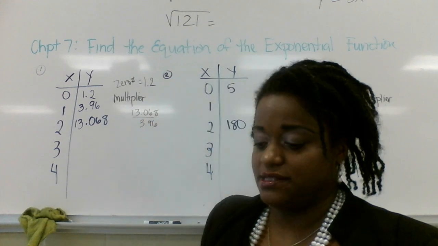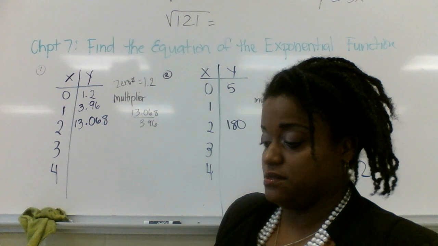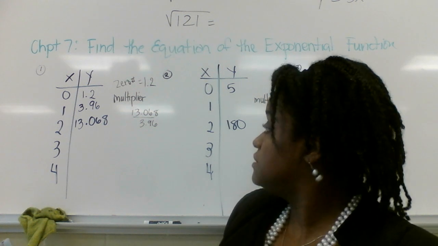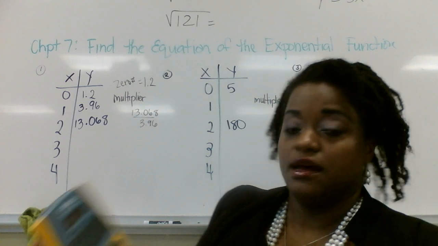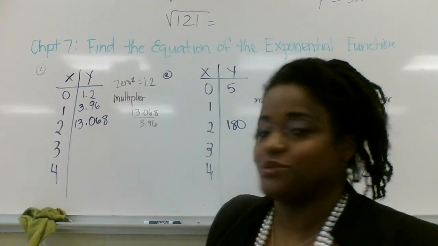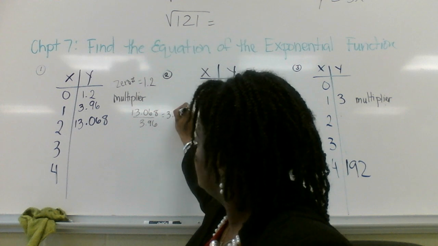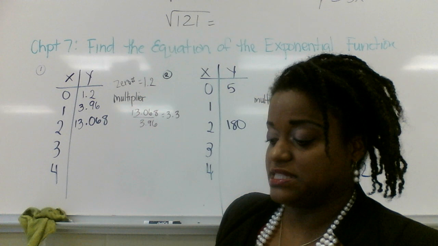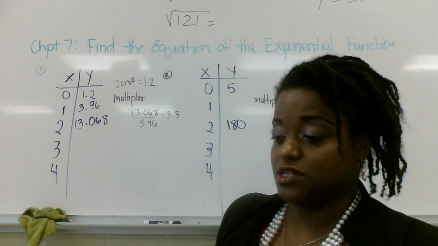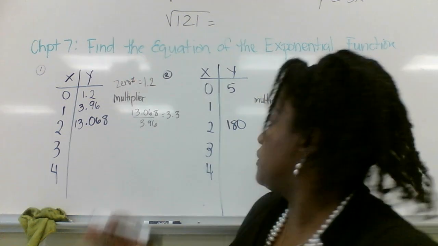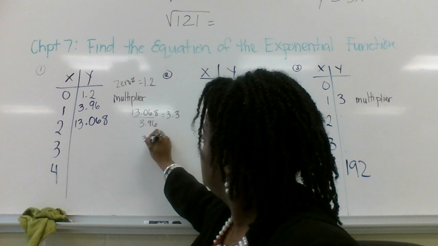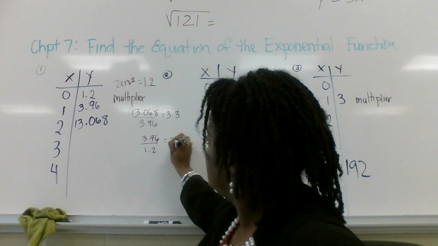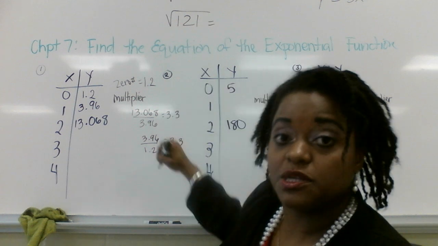And when I do that, I get 3.3. I'm going to do the same thing for 3.96 divided by 1.2. And again, I get 3.3. So that's my multiplier, okay?